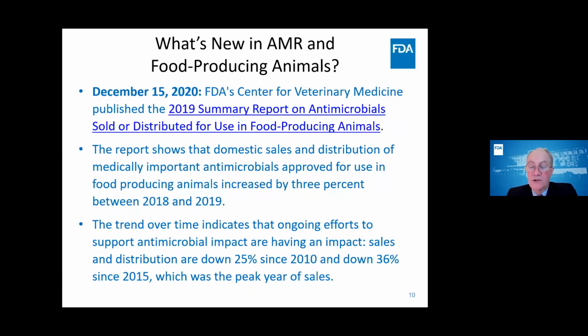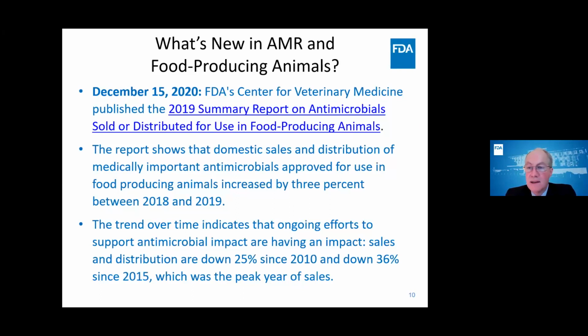In addition, for surveillance, we publish a report on antimicrobials sold or distributed for use in food-producing animals. So as Dr. Thompson mentioned, we have a variety of ways that we collect this type of information. We collect primarily sales data as reported by our industry to support this report.